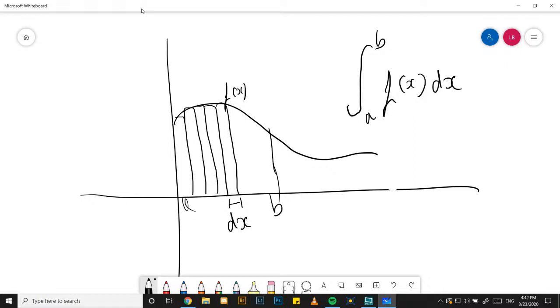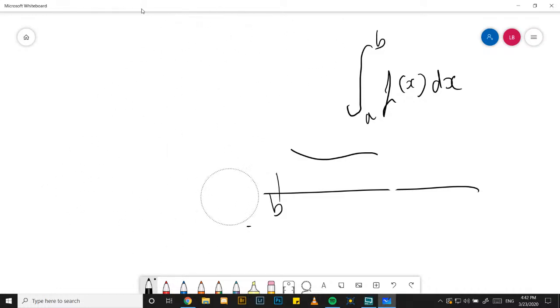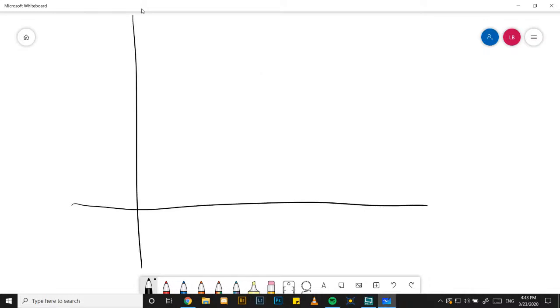Now if you want to figure out how we're going to integrate something from the y direction, we can just appeal back to this definition right over here. We draw something. We have some curve, say x squared. We draw rectangles again.